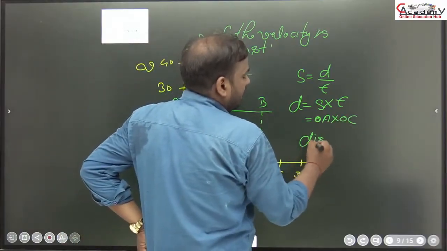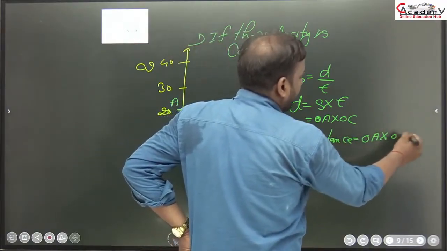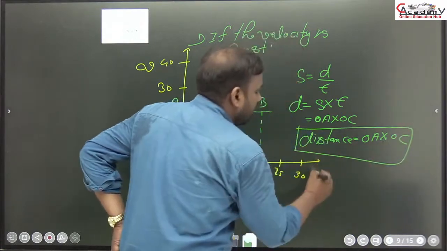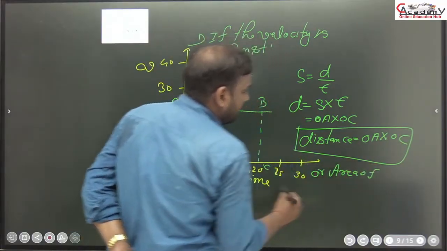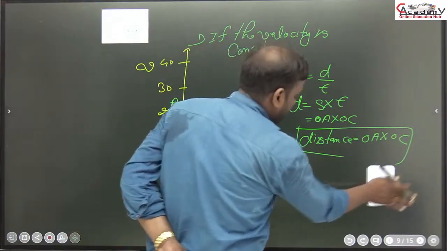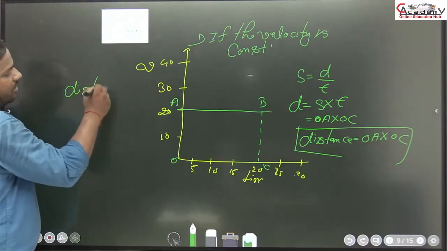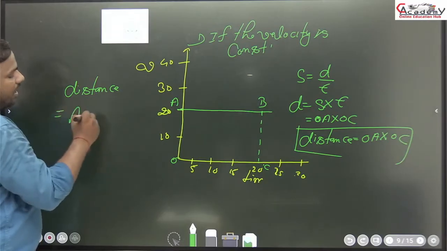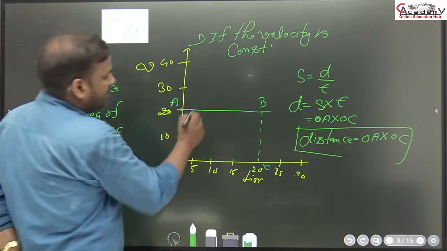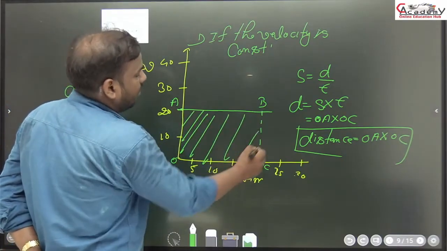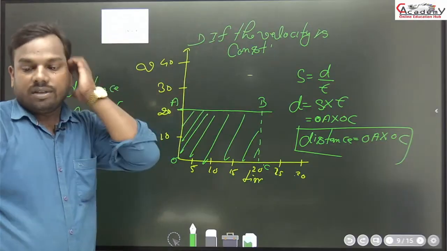So we can find the distance as OA multiplied by OC, or we can write the distance is equal to the area of OABC, the distance covered by the body. Is that clear?